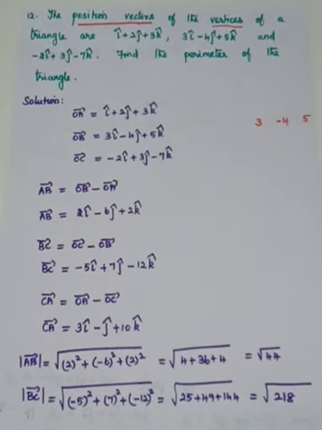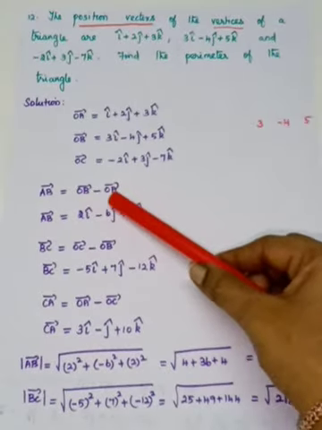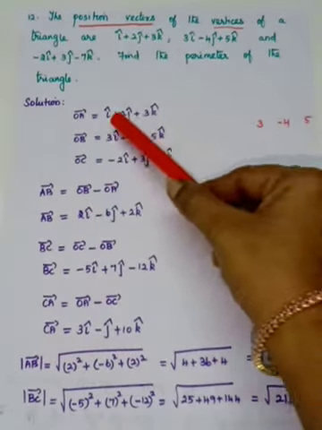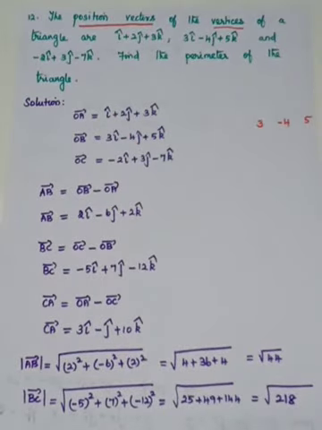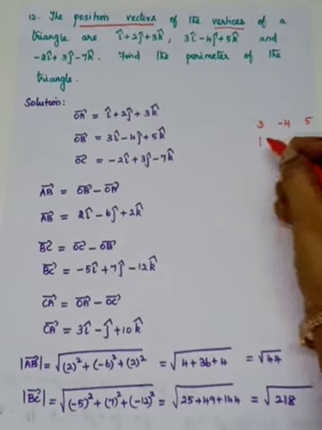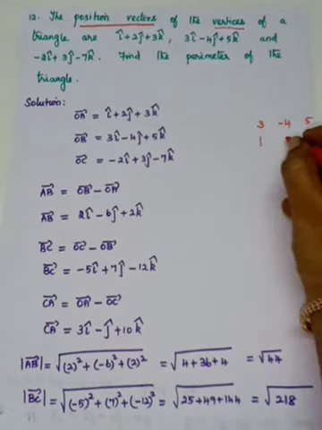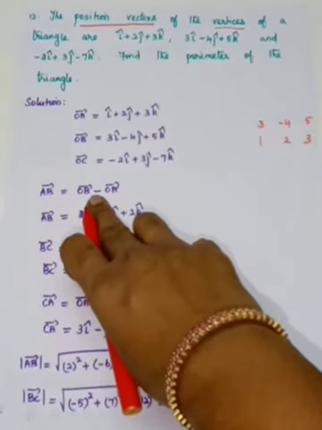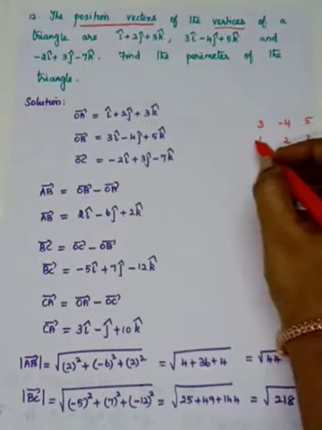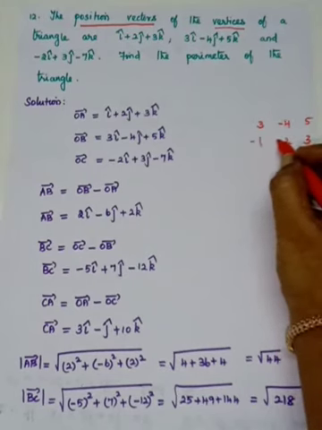Next, minus OA vector. In the same order, write the coefficients of i, j, k of OA vector: 1, next one 2, next one 3. In between you have subtraction, so you have to change the sign: minus here, minus here.